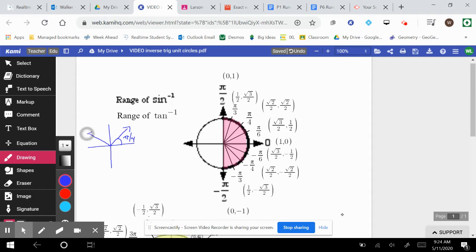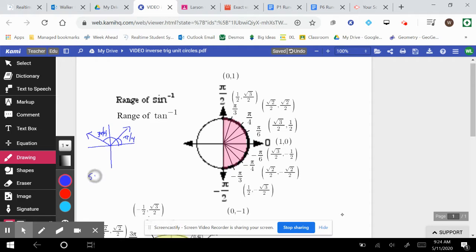Sine also equals radical 2 over 2 here at 135 degrees, or what would that be? 3 pi over 4. Both of those angles, the sine of theta equals root 2 over 2.